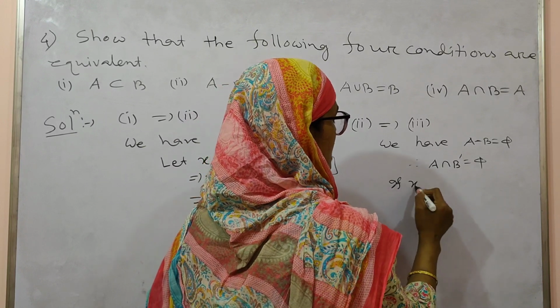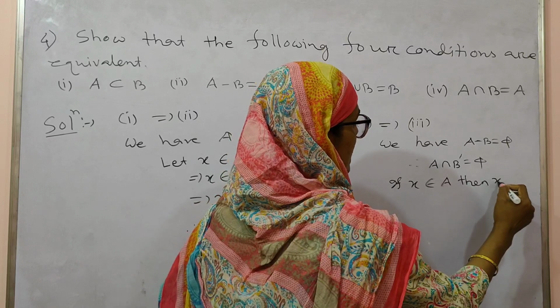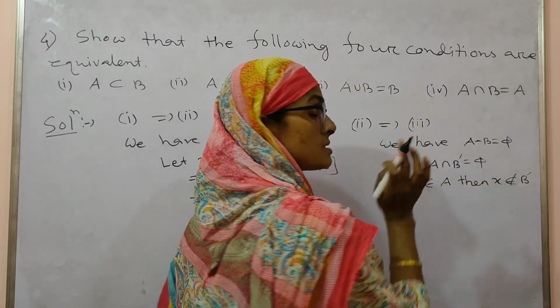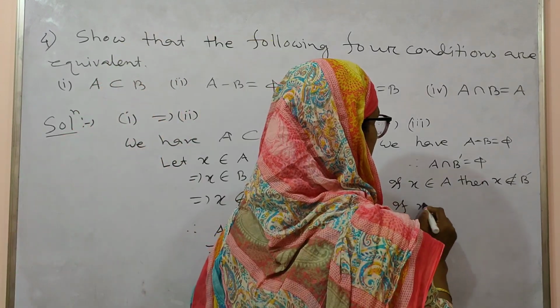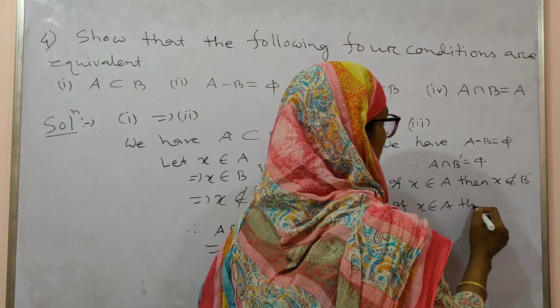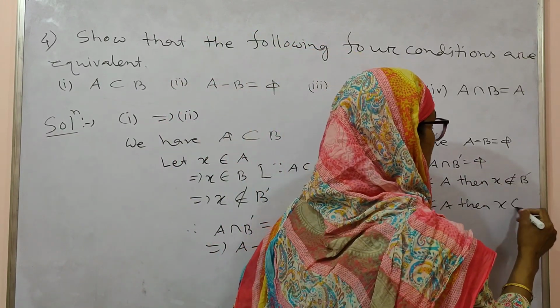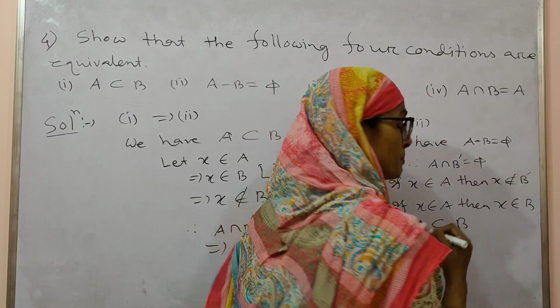If x belongs to A, then x does not belong to B complement, since A intersection B complement equals the empty set. If x belongs to A, then not belonging to B complement means x belongs to B. Therefore, A is a subset of B.